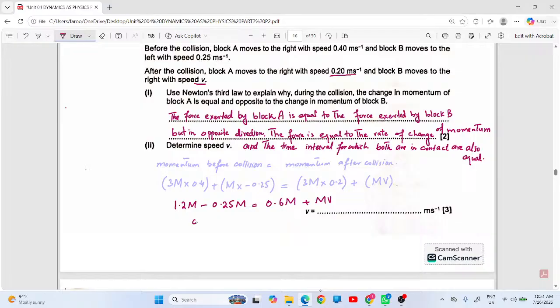सर मेरे पास अभी पेंसिल नहीं है तो आपको करना पड़ना ये सिंपलीफाई वाला काम. 0.95 m equals to. माइनस कर देता हूँ.